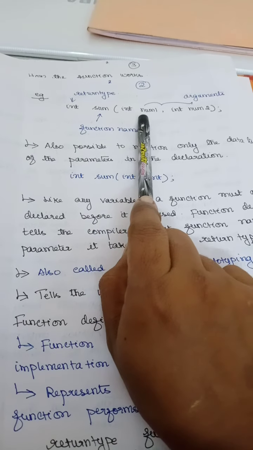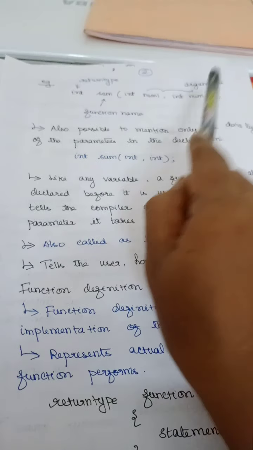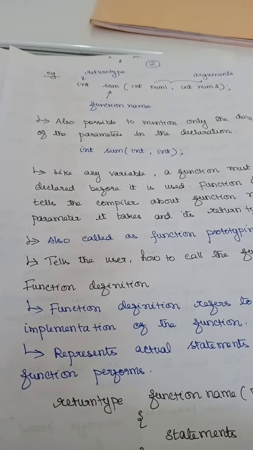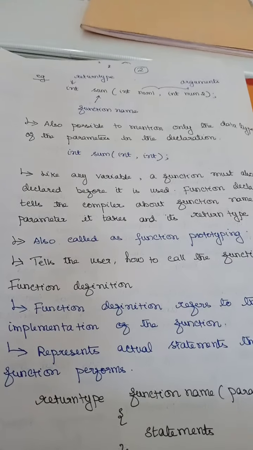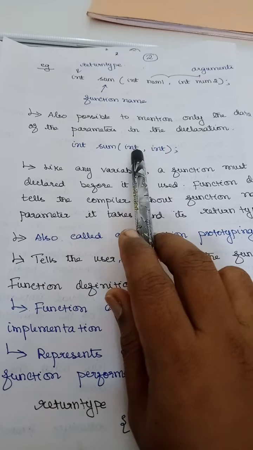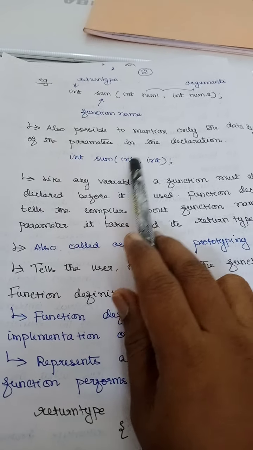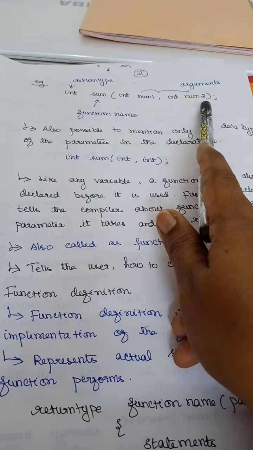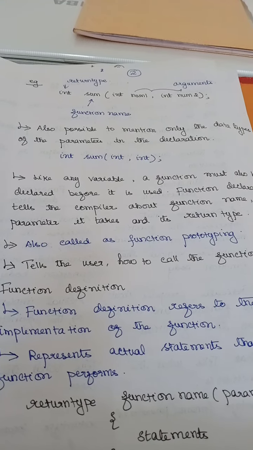Here I need not specify the variable names because it is just a declaration. So I can just write int comma int. Why int comma int? Because just the type is enough. I need not mention the variable name, but even if you mention your variable name, there is no problem.